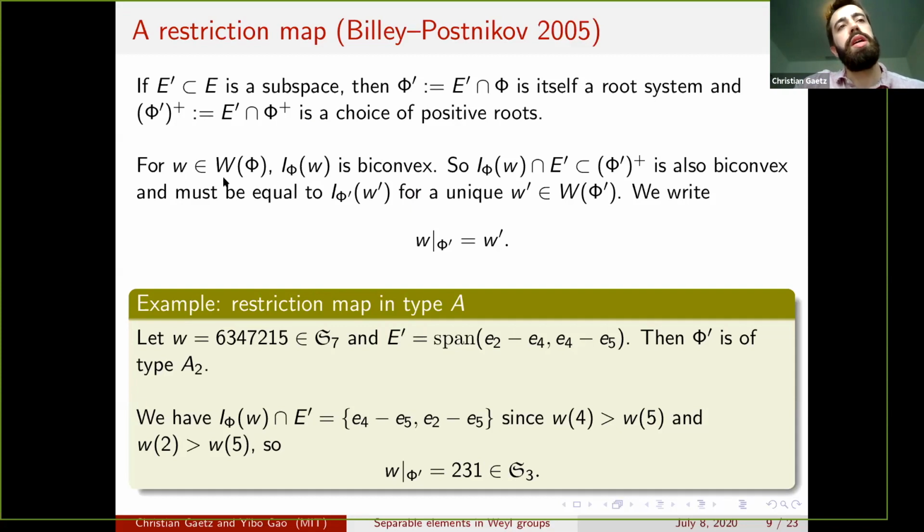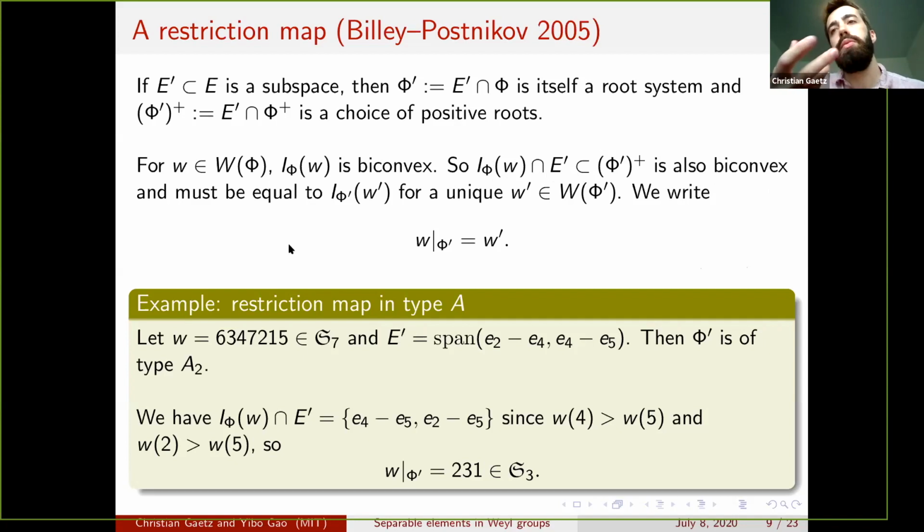Given our element in the Weyl group of the big root system, we know that its inversion set is biconvex. If we intersect it with the subspace, I went quickly over the definition of biconvexity, but it's immediate that this intersection is still biconvex.